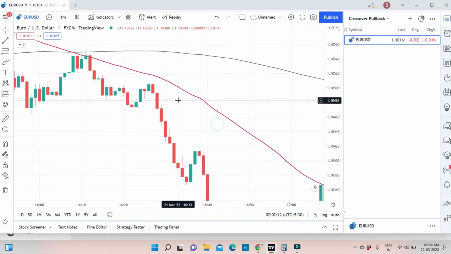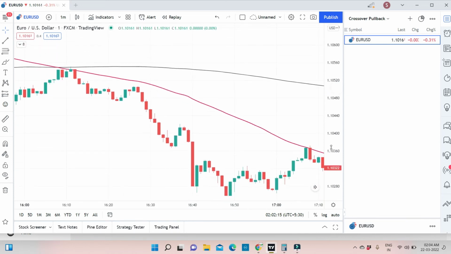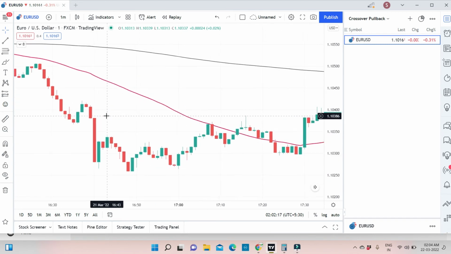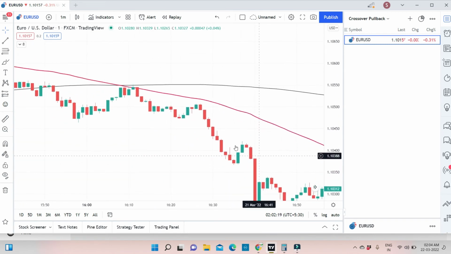So this is something which you need to understand, that it's not touching the 50 moving average. However, if you get a proper bearish candle over here which is going ahead and breaking the low over here, then you make a position at this candle.